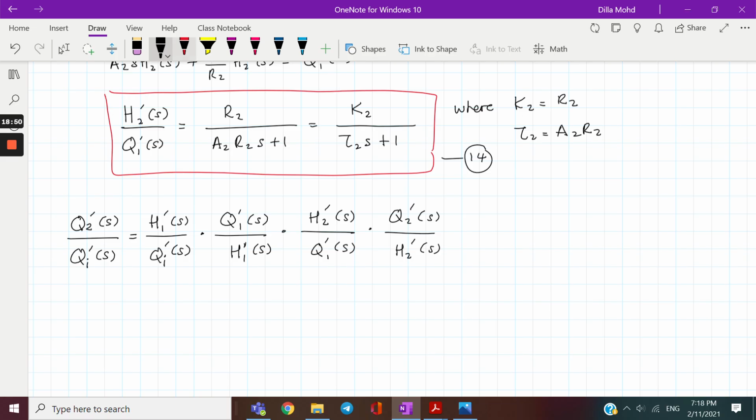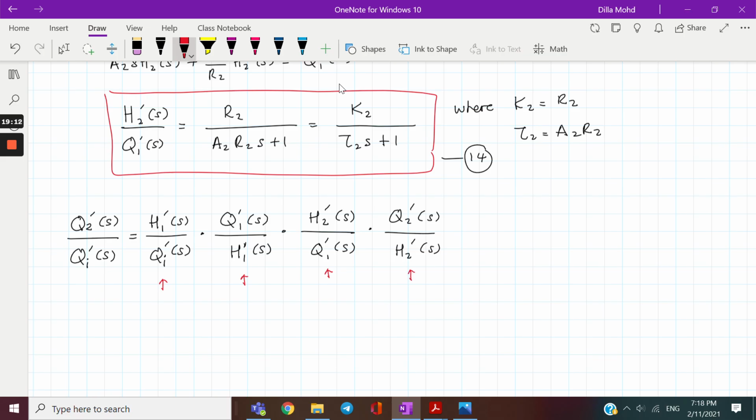So as you can see, each of these transfer functions, this one relates the level of tank 1 to the inflow Qi. This one relates the outflow of tank 1 to the level in tank 1. And this one relates the level of tank 2 to the inflow Q1.